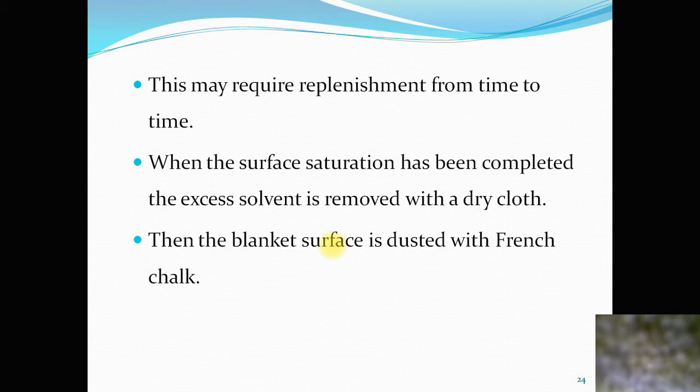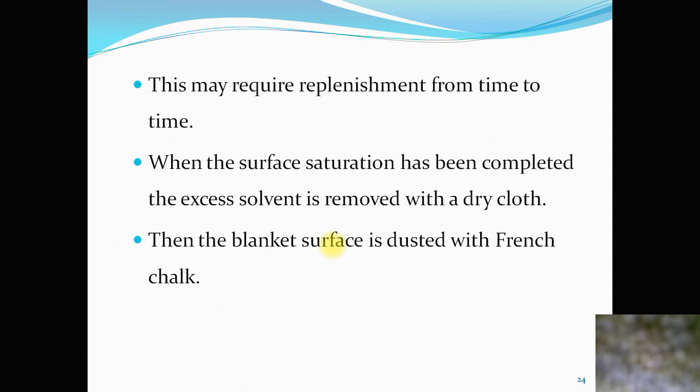Here, where are the two moving surfaces? The blanket is in contact with the plate. So those two are moving surfaces. If the movement between these two surfaces is to be free, then there should be a lubricant.